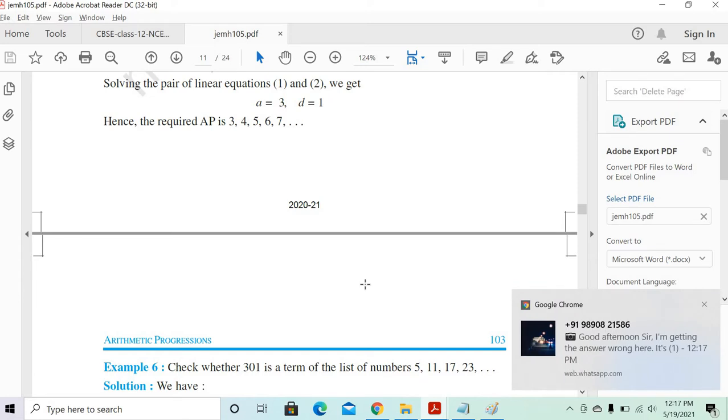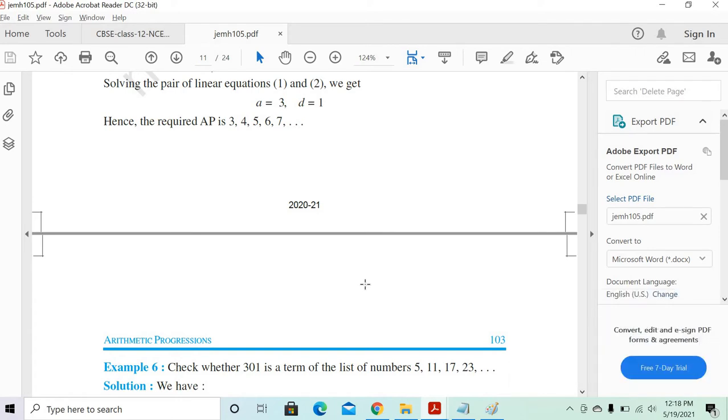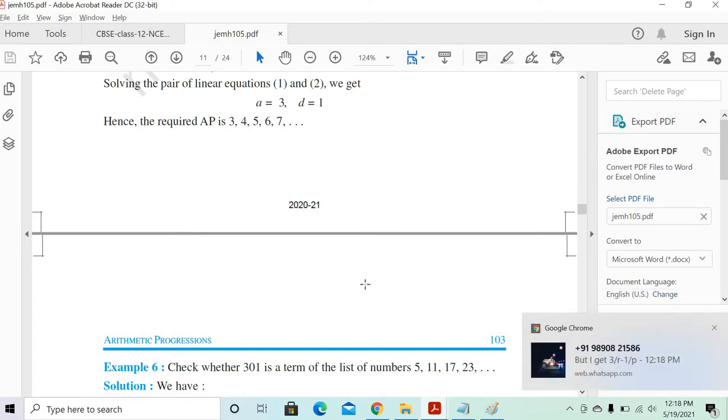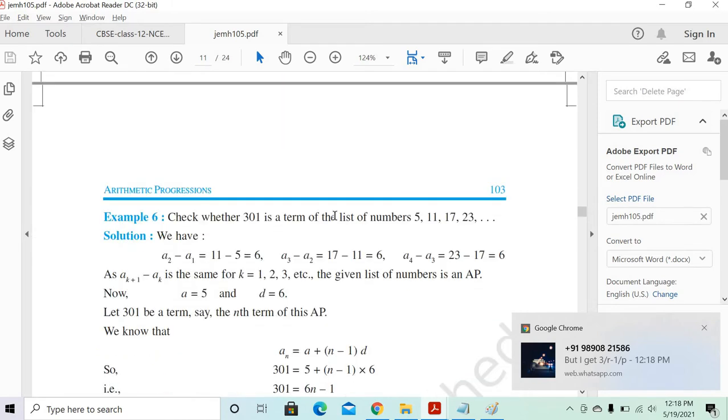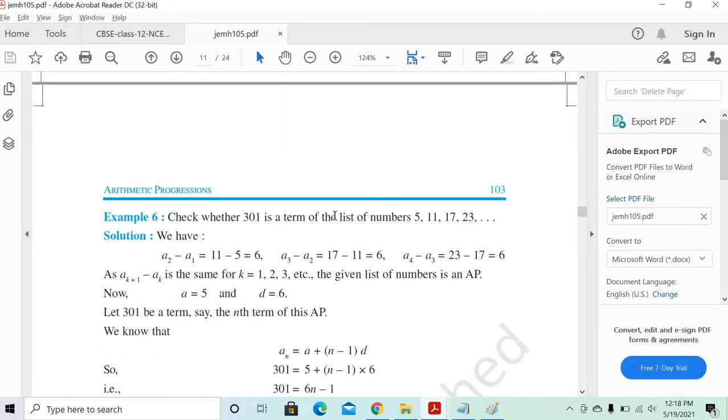Check whether 301 is a term of the list of numbers 5, 7, 5, 11, 17, 23. Is it that part only, right? Yeah, sir. Let's try it out now. Same method, so we have to apply the same formula.